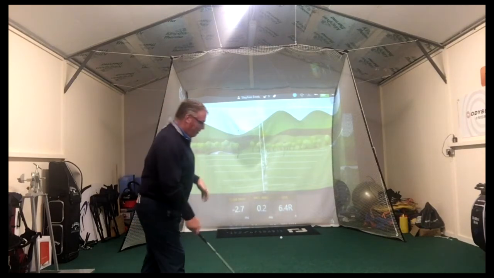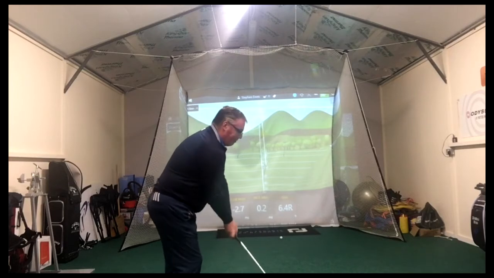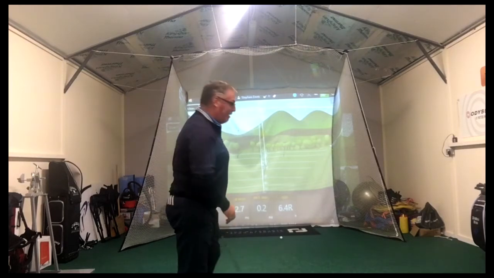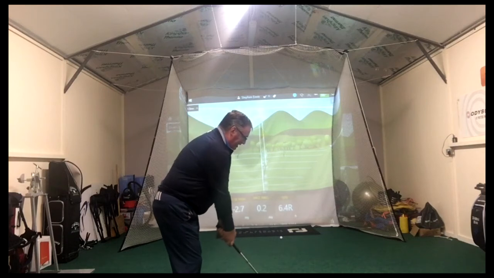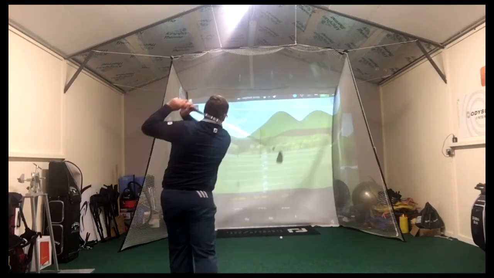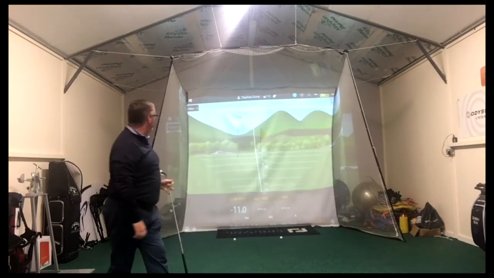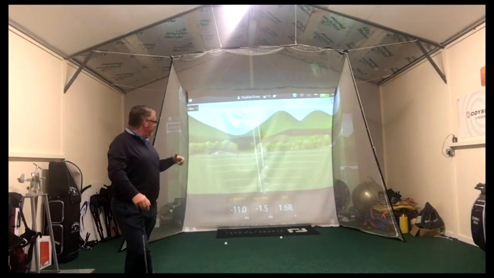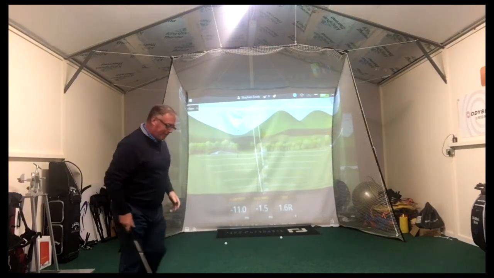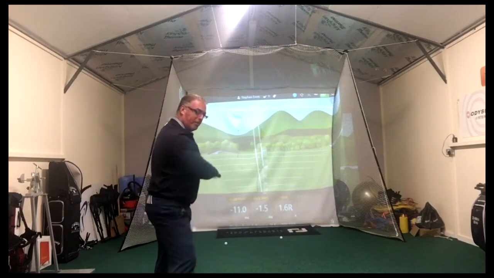So, we play a shot here, and we're going to go for big numbers so it's obvious. So, first of all, let's have a big cut. There we go. So our club path is 11 degrees to the left. I mean, that was a chop across that bad boy.